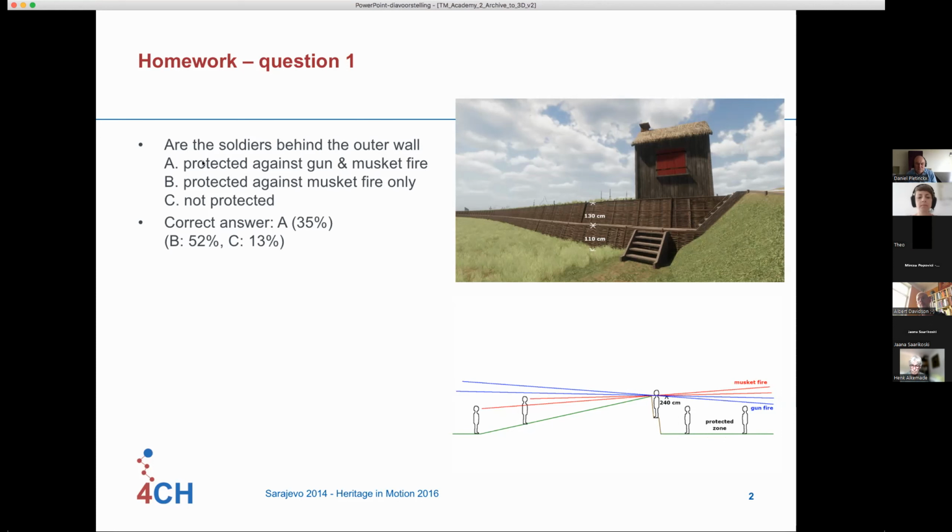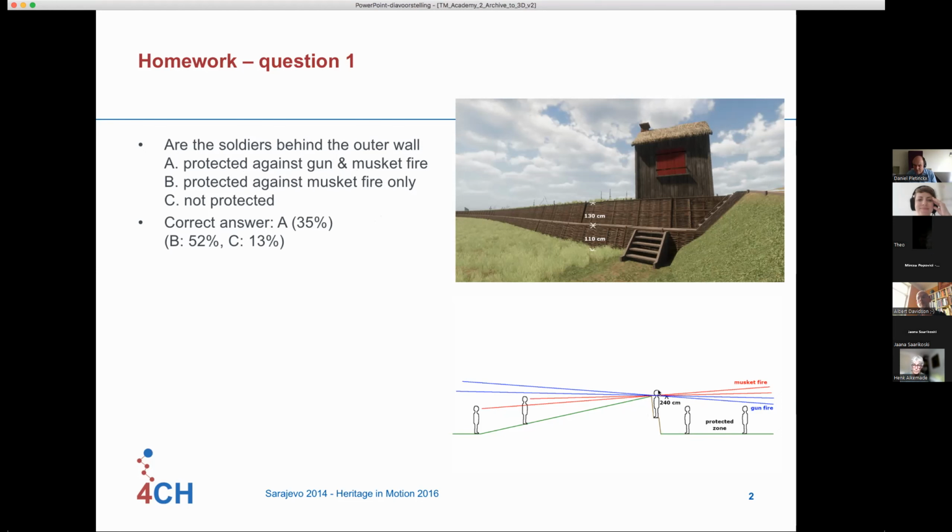The question was, are the soldiers behind the wall protected against musket fire, from people firing from a distance of about 50 meters maximum, or also against gunfire? The correct answer is you're protected against both, and only 1/3 of the people got that right.